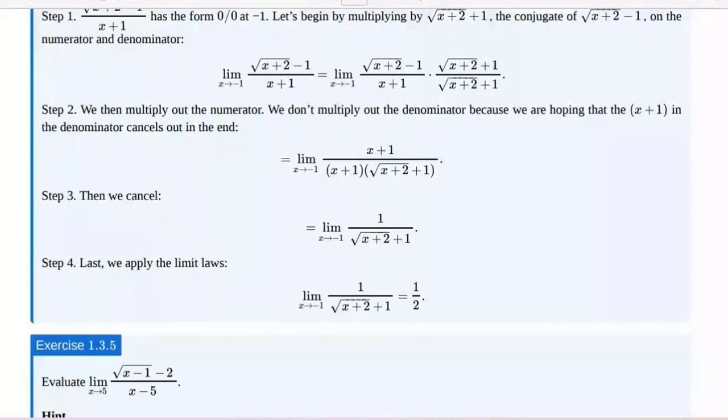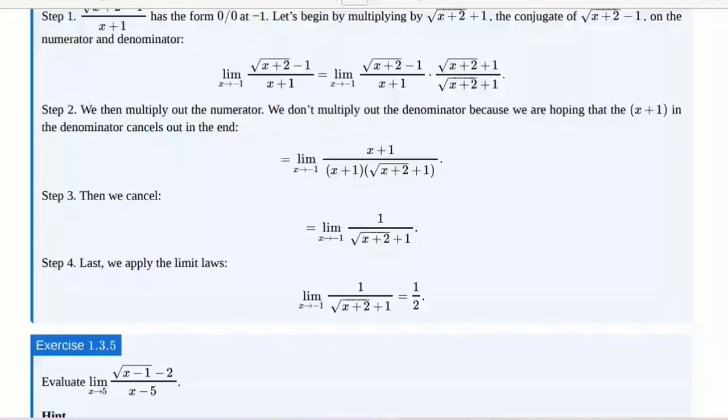So you see the limit we've been given, right? It's the square root of x plus 2, minus 1, over x plus 1.